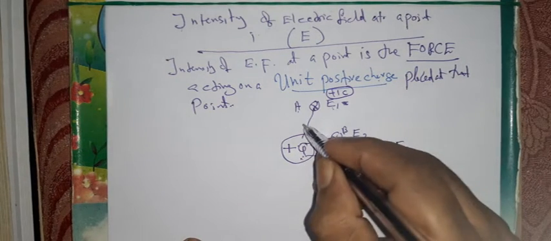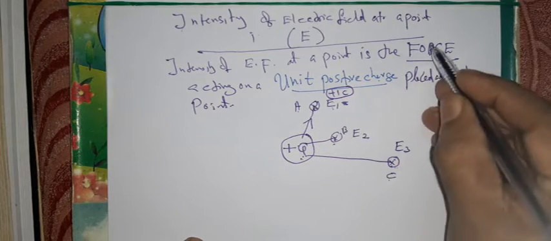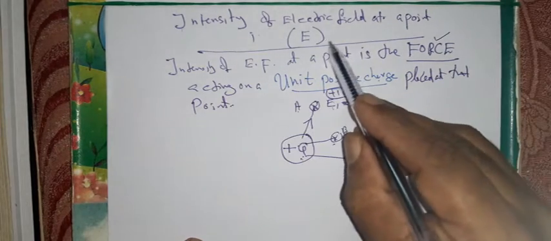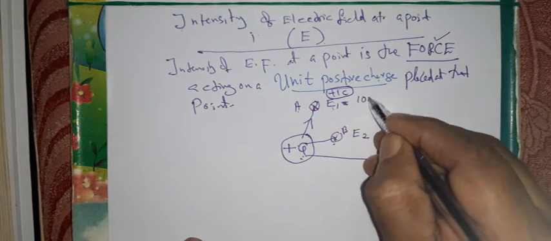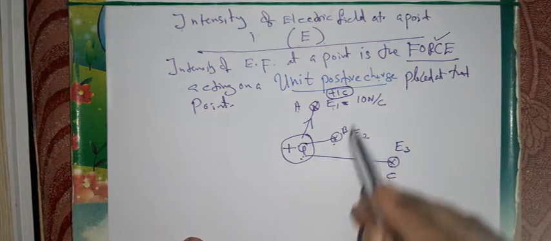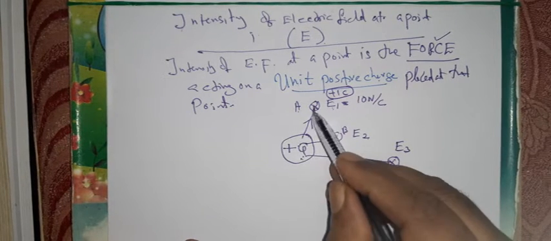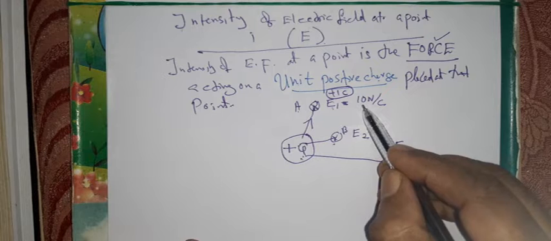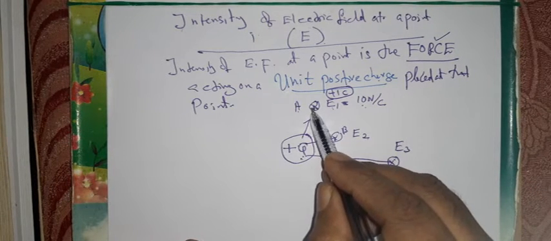Then the source charge will exert a force on this 1 coulomb. This force is called the intensity of the electric field at A. Let it be 10 Newton per coulomb. Therefore, once you place 1 coulomb of charge at A, this charge will exert a force of 10 Newton on it. This is called the intensity of the electric field at A.